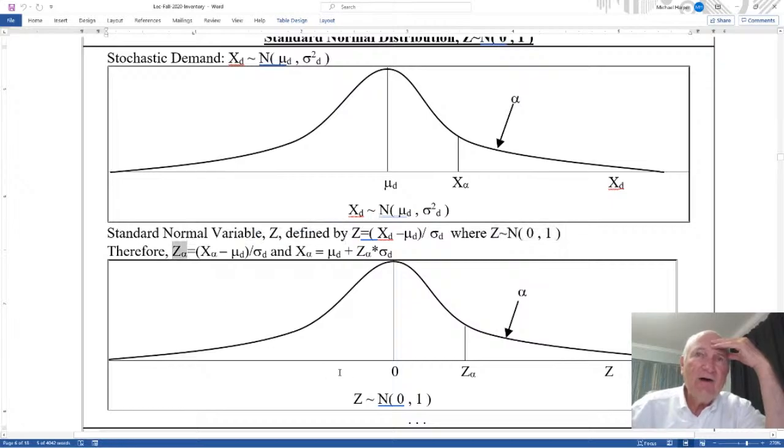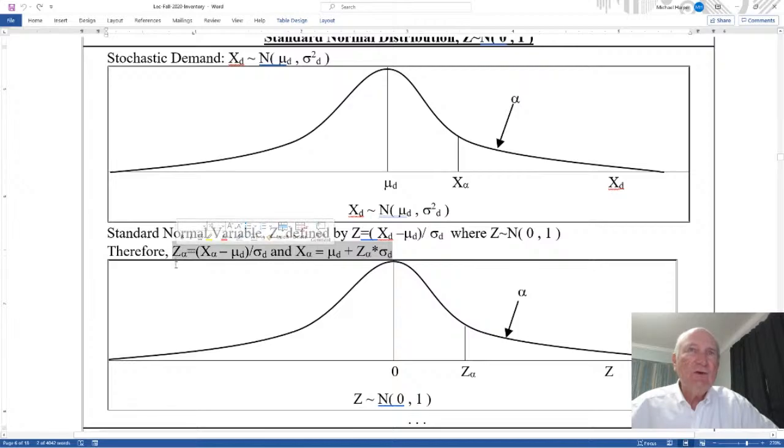Therefore, z of alpha, my variate, can be calculated from x of alpha, the variate from the x-axis. The variate on the z-axis can be calculated by that identity. Or I can solve for x and have that identity. So now I have two different identities. One for z as a function of x, the other is x as a function of z. Okay, and we'll go back and forth.